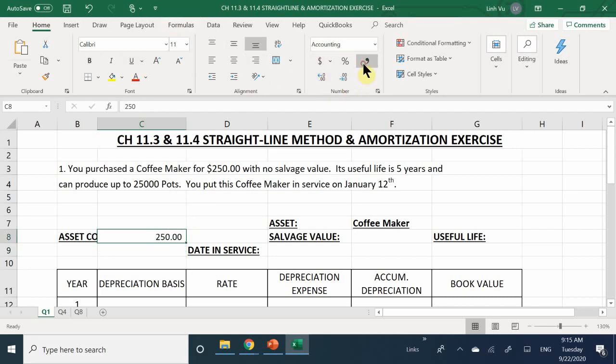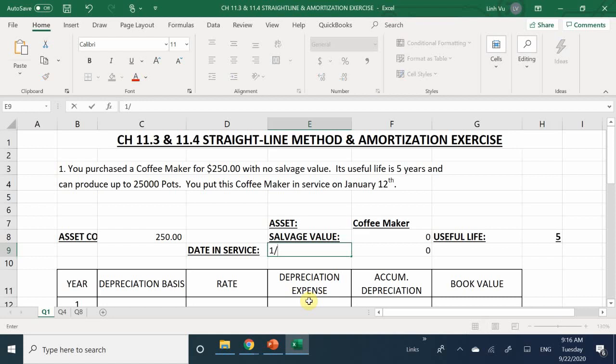And what is its useful life? 5 years. What's the salvage value? None. And lastly, estimated life is 5 years. And when did you place it into service? January 12th. So what does that mean?